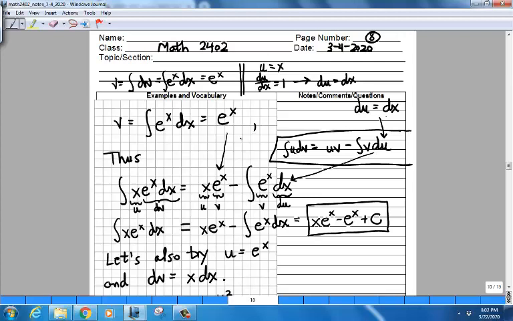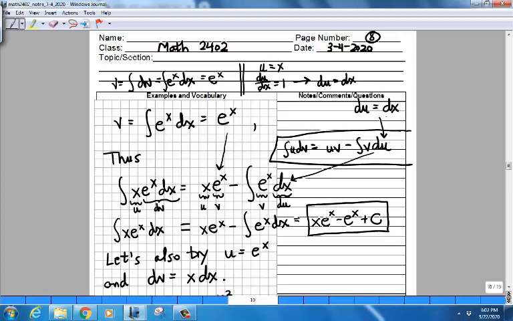The antiderivative of x e to the x dx, which we could not integrate before, that antiderivative is x e to the x minus e to the x plus a constant. So see, we did that. We now know how to integrate something that we did not know how to integrate before, using this integration by parts formula, which is the same as the anti-product rule.